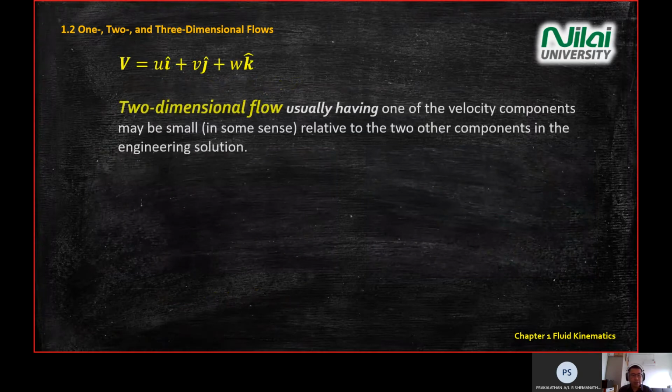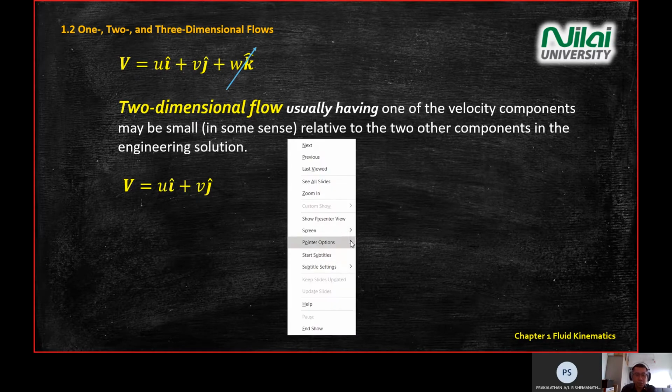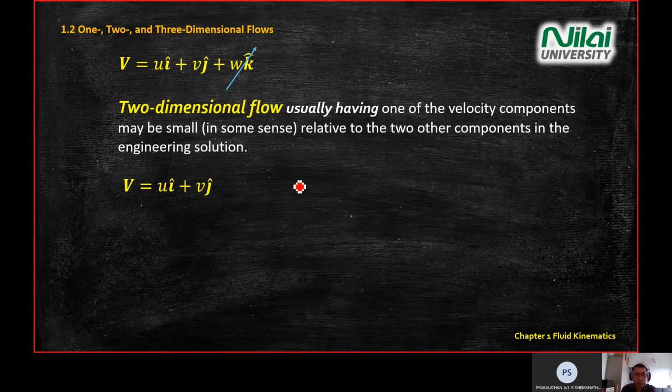All right, now this is three-dimensional. What happens if you only have two-dimensional flow? It means your equation only has two direction components. In this case, this is an example of i and j. Or if you only have v j hat plus, let's say, w k hat, this is also two-dimensional.